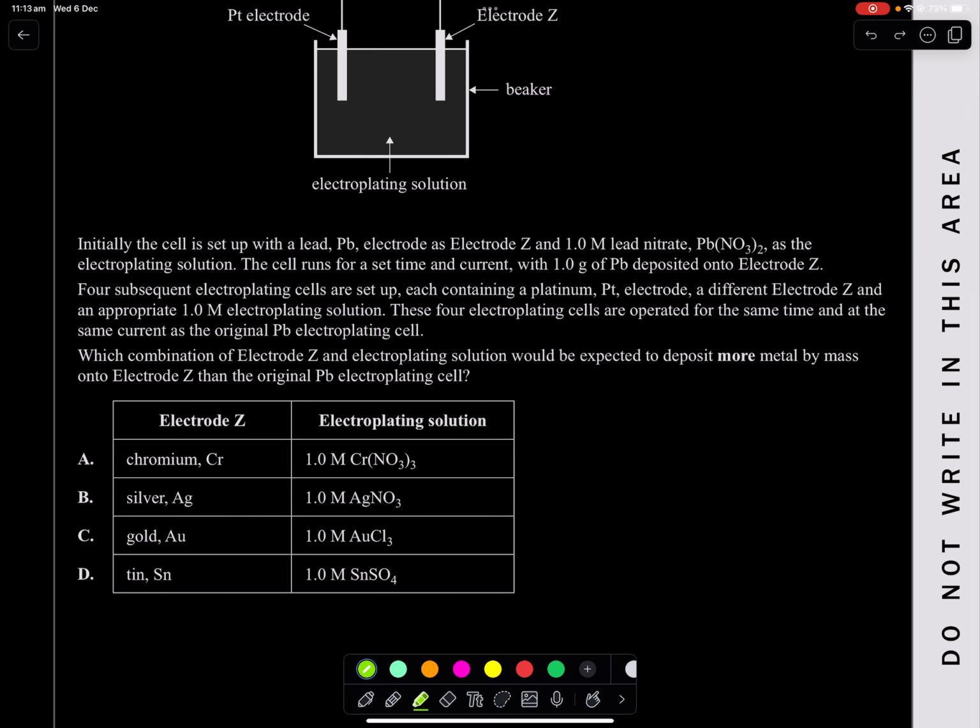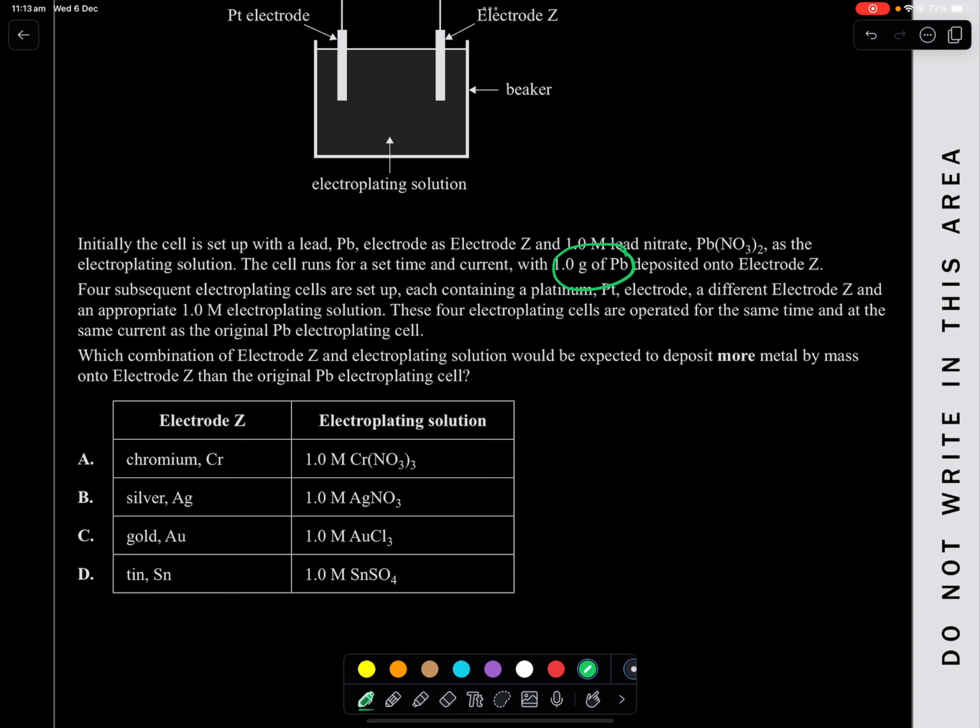Okay, how would we do this? Let's think. They tell us that the current is the same and the time is the same for all. Have a look at this. What do we know?